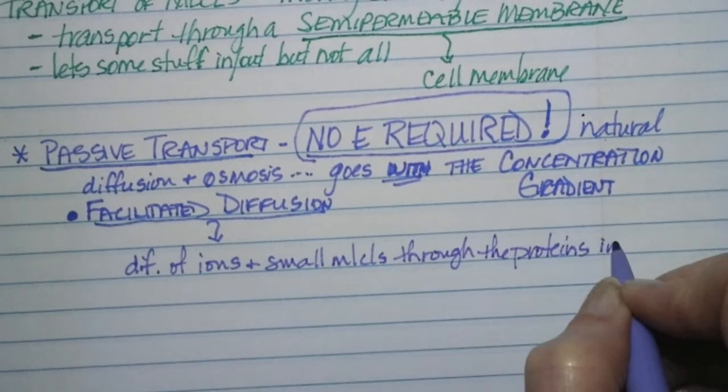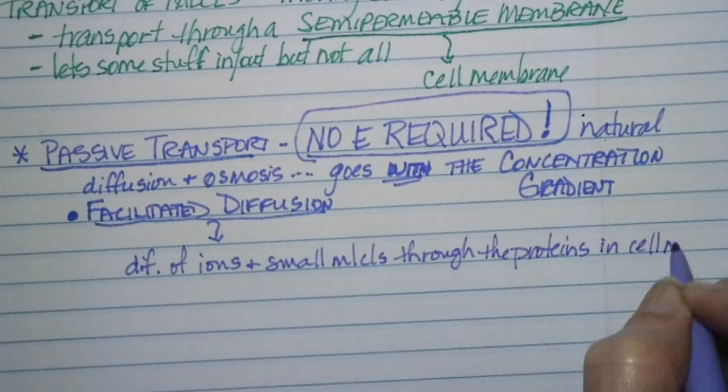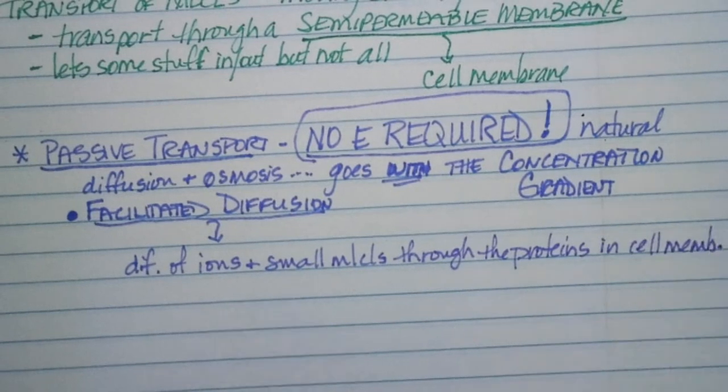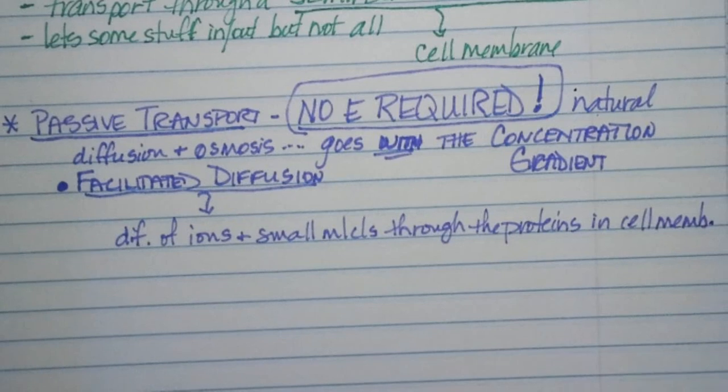I could just put membrane, I ran out of space there. Do you remember what the cell membrane looks like? It's a double layer of lipids with big chunks of protein in there.